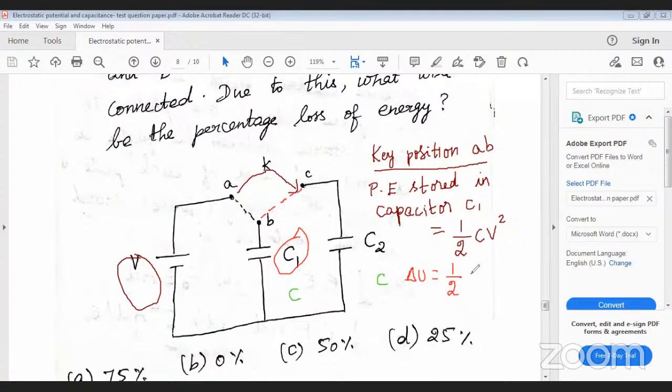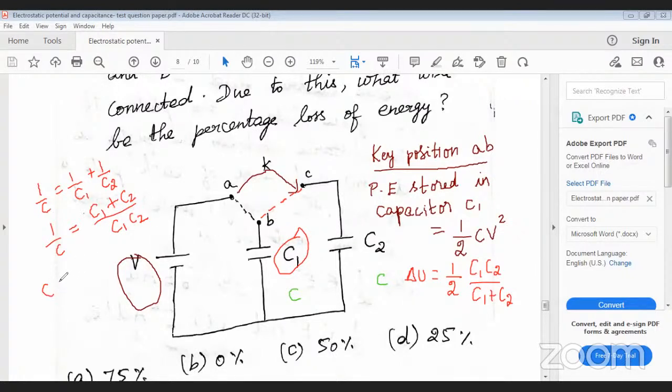So it will be half into C1 C2 by C1 plus C2. Because for capacitors in series, the total capacitance is given by 1 by C equal to 1 by C1 plus 1 by C2. This 1 by C equals C1 plus C2 divided by C1 C2, and the total capacitance is the reciprocal of this, so C1 C2 by C1 plus C2.